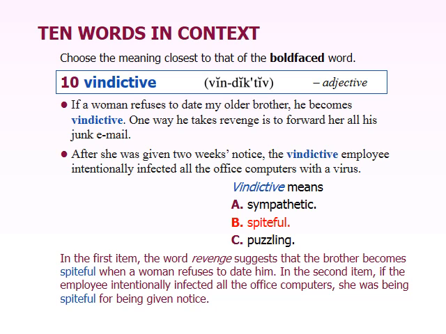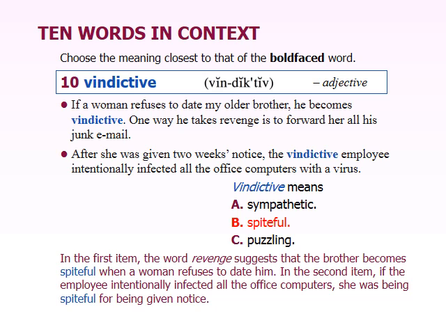So in the first example, the woman turned him down for a date. That's not a horrible thing to do, to say no to someone who asks you out on a date. We should all be able to say yes and no to the people who we want to see. In this one, the older brother becomes vindictive.